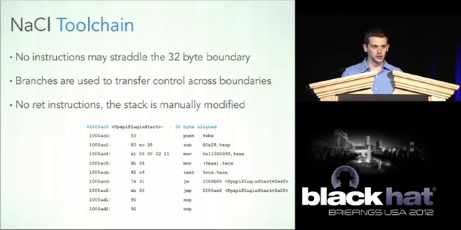Every instruction that will ever be executed by a native client module will actually be validated by the service runtime validator. And I'll talk about how that's actually done in a minute here. But obviously we need to change states between functions, and that's done manually, right? So we're just using jumps and pushes and pops as opposed to return.